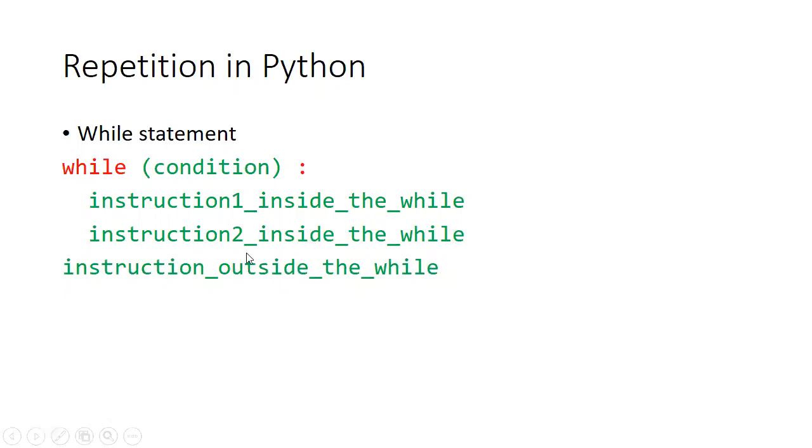Now you see the line of code which is outside the while structure. That only happens when we've finished doing the loop. And so we will stay in the loop while the condition is true. So there should be something happening in one of these instructions that changes a variable on which the condition rests.